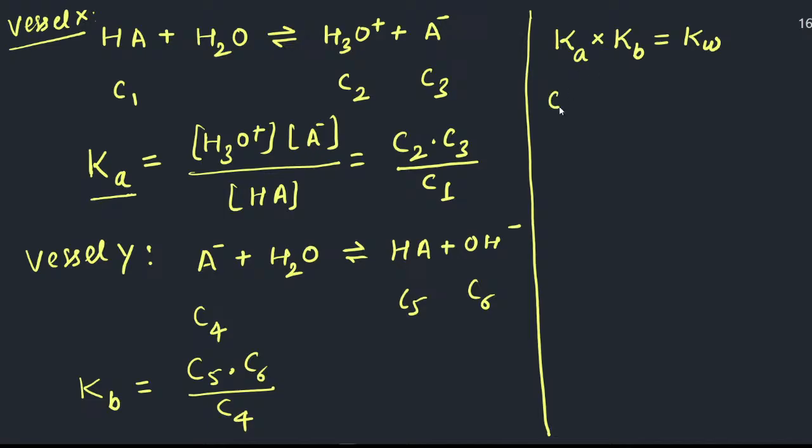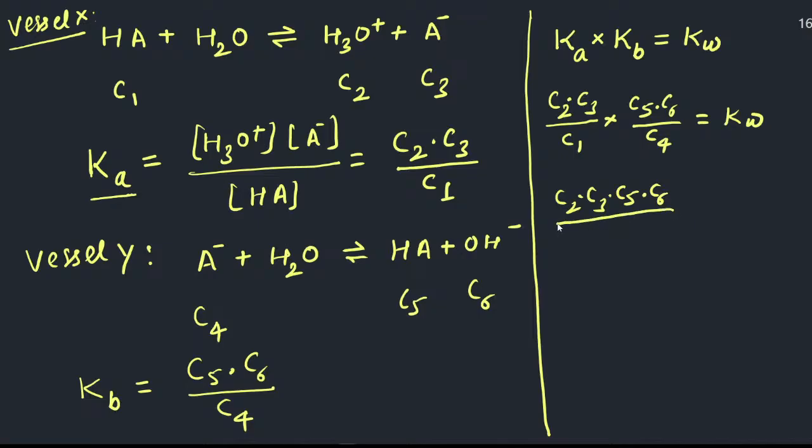That means C2 C3 divided by C1, multiplied by C5 C6 divided by C4, is equal to Kw, which means C2 C3 C5 C6 divided by C1 C4 is equal to Kw, equal to Q.